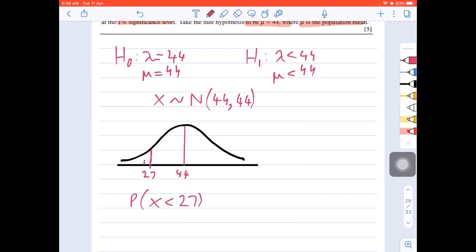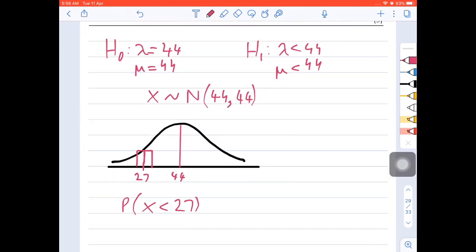Now over here we went from a discrete to a continuous distribution, so we'll have to apply continuity correction. So z is less than or equal to 27.5 minus 44 upon root of 44.